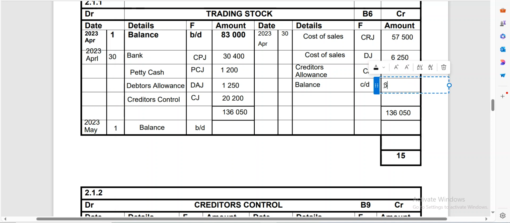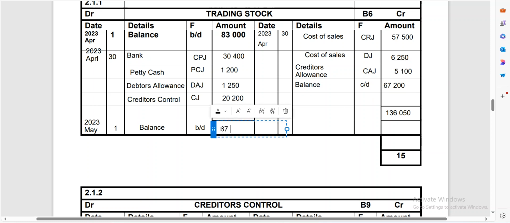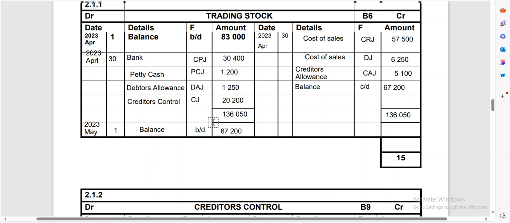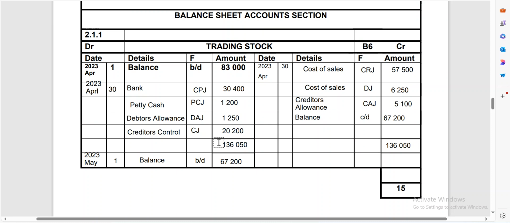So the balance carried down will be 67,200. You also make it your brought down here, 67,200, and then you get your brought down. So you get your full marks, 15 marks. If you made a mistake somewhere, they will credit you where you've done things correctly.